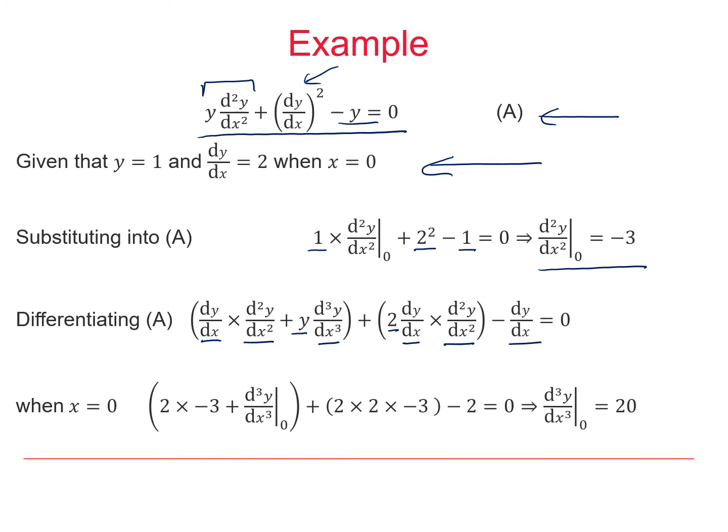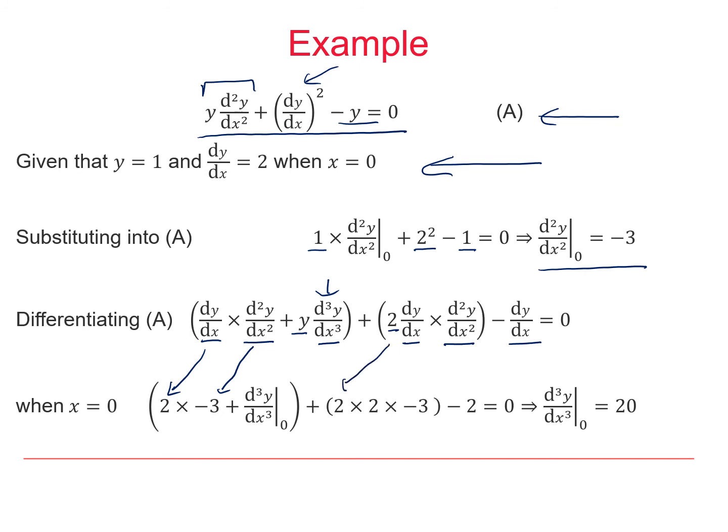Now we've got values for everything in here apart from d3y by dx cubed, and there's no need to collect terms together at this stage, because we're just going to be substituting numbers in anyway. dy by dx we're given as 2, d2y by dx squared we've worked out as -3. We have our third derivative there.